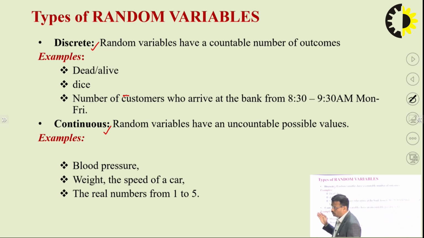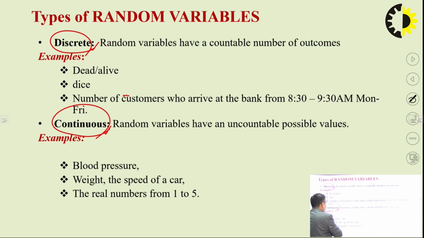If these random variable outcomes are uncountable, it will be continuous, like blood pressure. Can you count? No. Weight, speed of car, and so on.